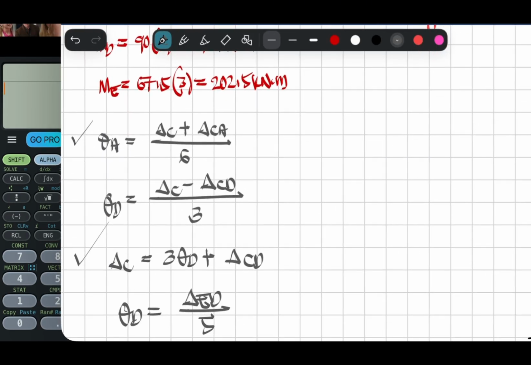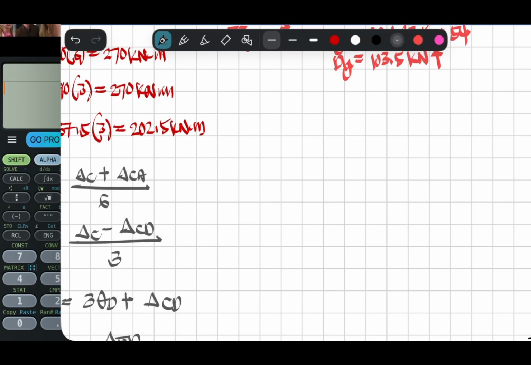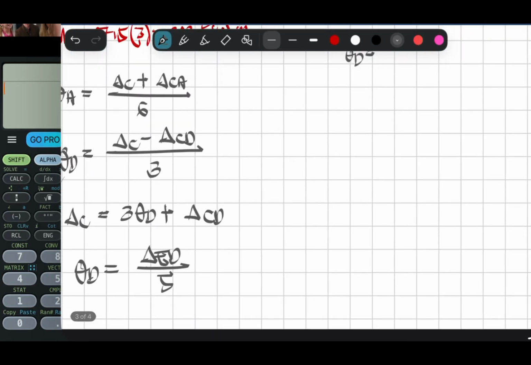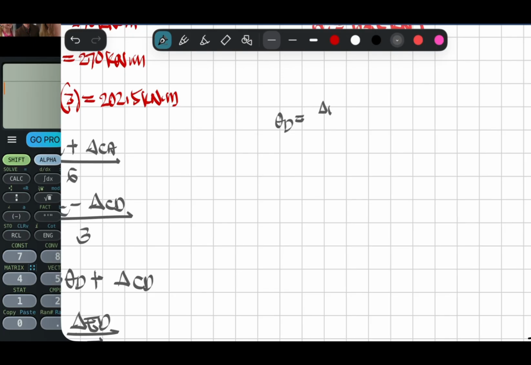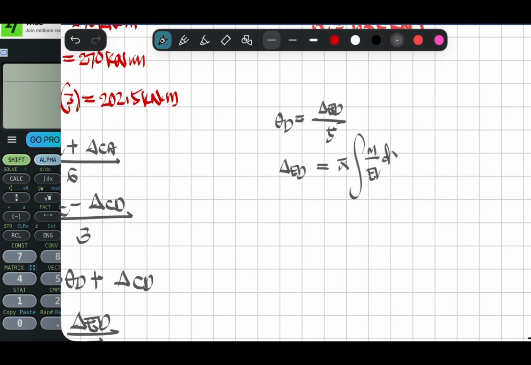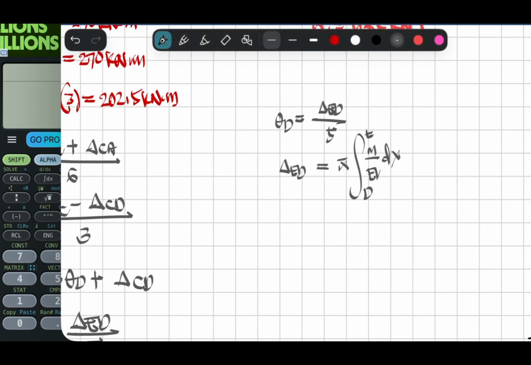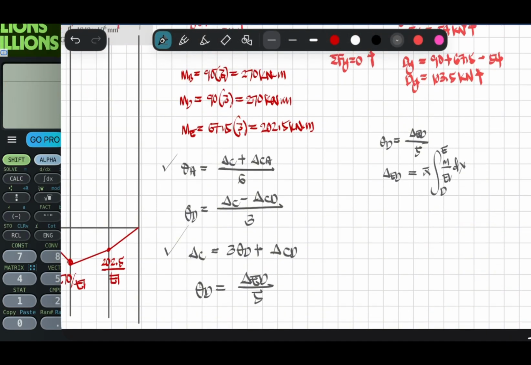Okay, so let's solve theta D first. Theta D is equal to delta ED over 5. Delta ED is equal to x bar integral of M over EI from D to E.